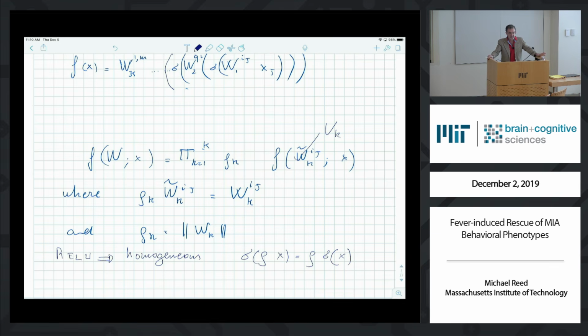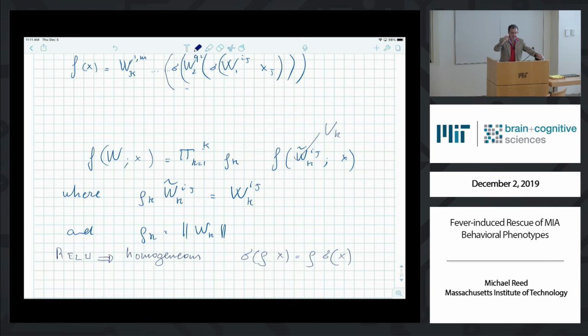I could choose another norm, but just for simplicity, the Frobenius norm is the square root of the sum of the squares of the matrix entries. It's a positive number for each layer. And because of the ReLU, if I multiply or divide the matrix at one layer by a positive number, the output of the network will be multiplied or divided by the same number.